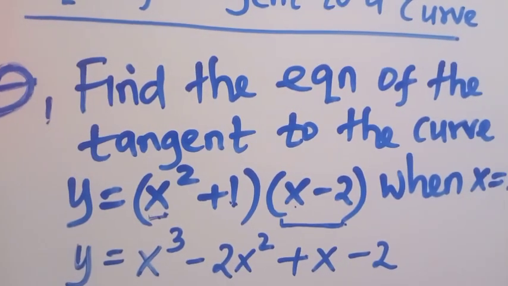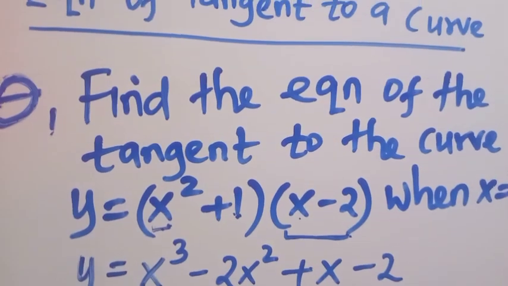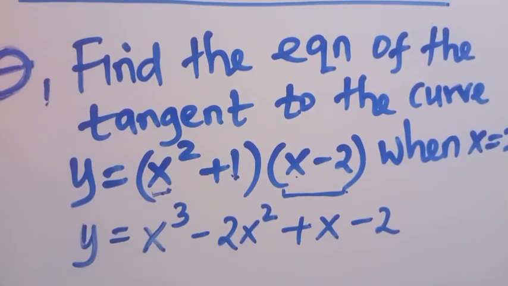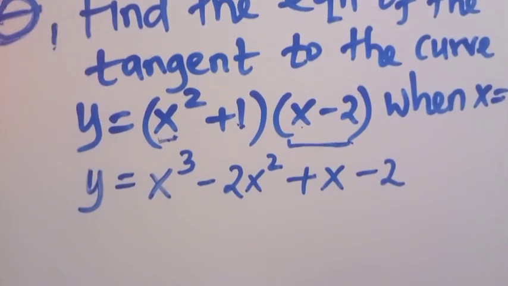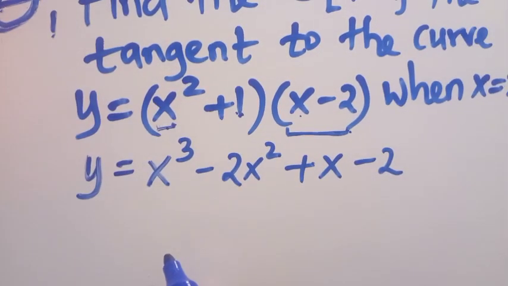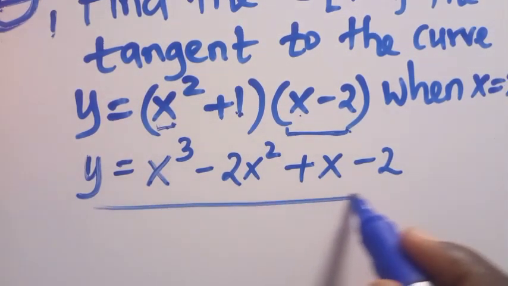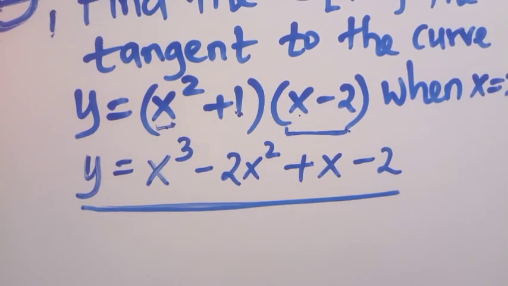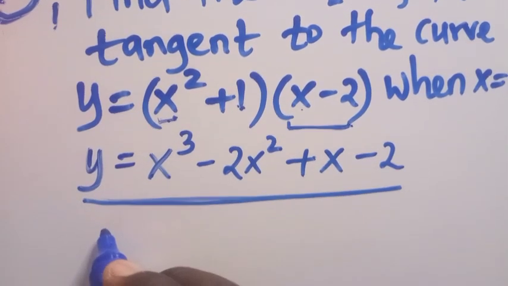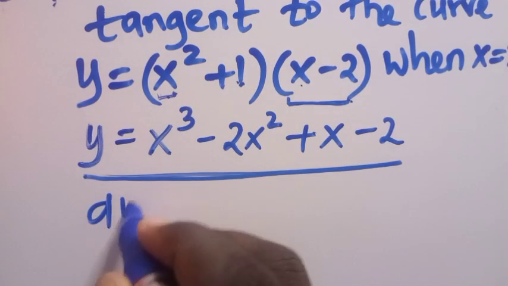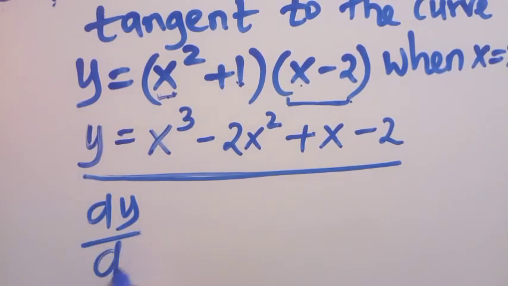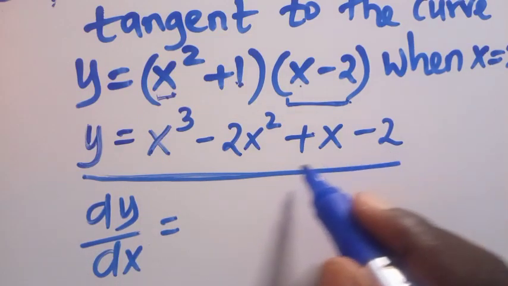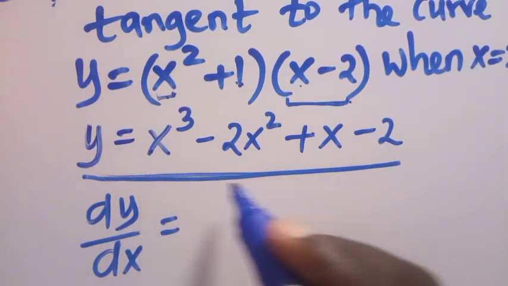Now, having that, we can now obtain the gradient function of the curve. The gradient function of the curve is dy over dx, which is, we differentiate each term in turn because this is a polynomial.